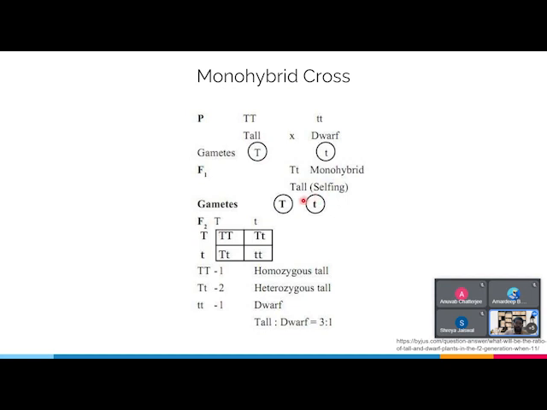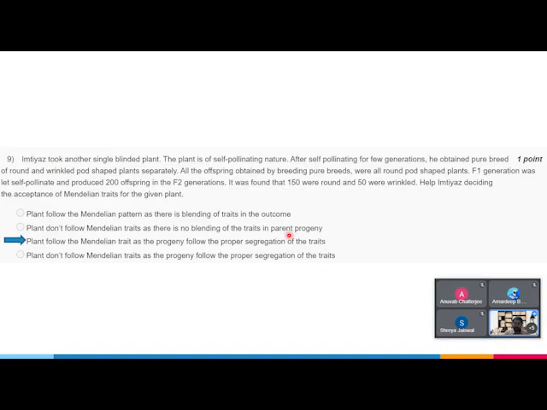They followed the law of segregation, because the alleles segregate into different gametes and later recombine. So the correct option for Imtiaz's entire experiment is: plants follow the Mendelian trait as the progeny follow proper segregation of the traits.